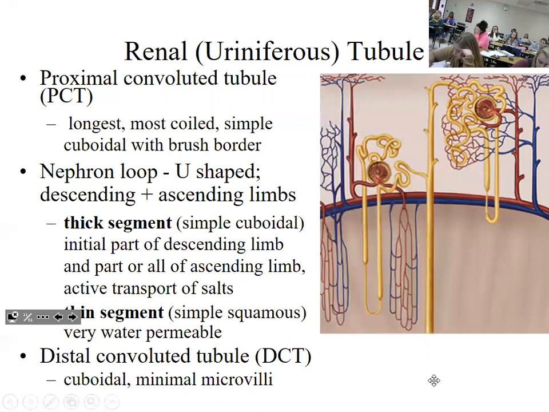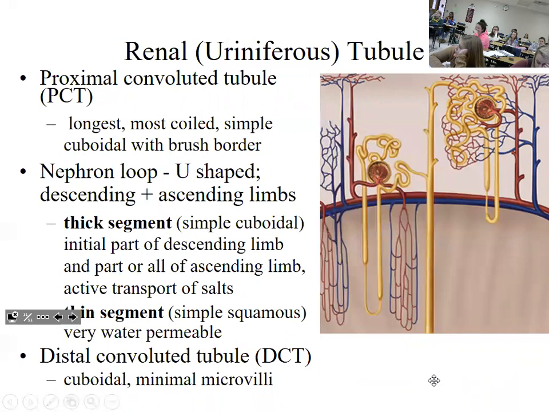But what's being left in the filtrate? The waste. The extra water and the waste. But the good stuff is being reclaimed. You might be thinking to yourself, well, what a crazy system.